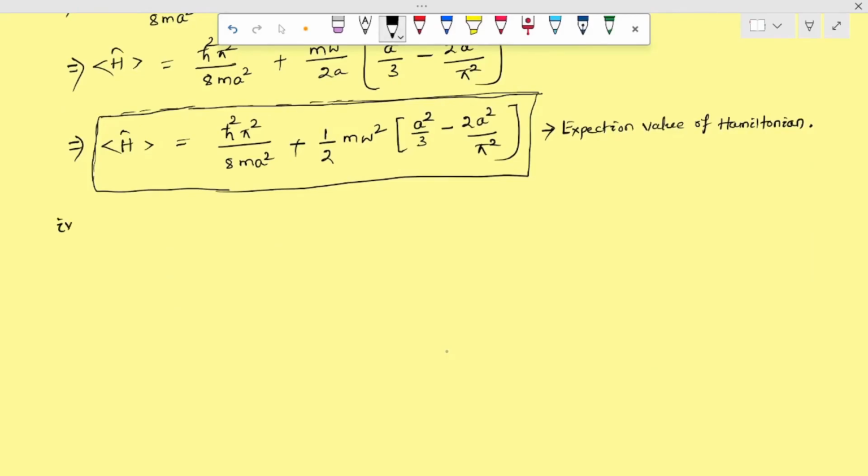Our fourth step: minimization of the expectation value of the Hamiltonian by considering the parameter a.